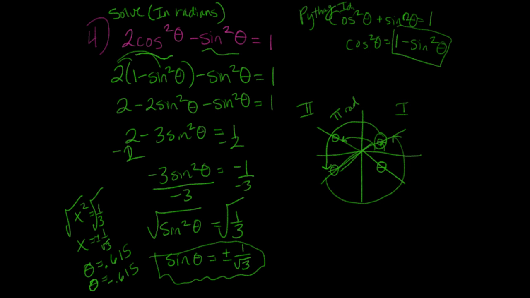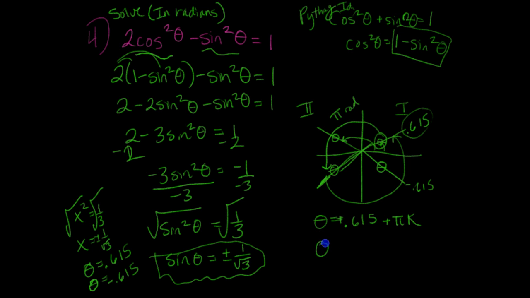So if you think about where these radians are, this is probably going to be our negative 0.615, and this is our positive 0.615. So to get all of these and to cover this angle over here, I can say that theta can equal 0.615, and if I do plus or minus, let's just do positive, and if I add pi times k, that would cover all my bases there.